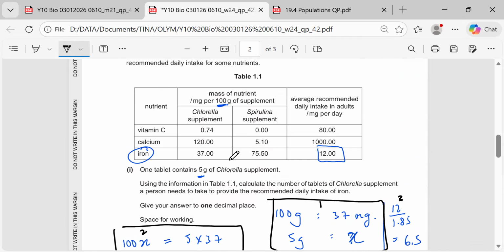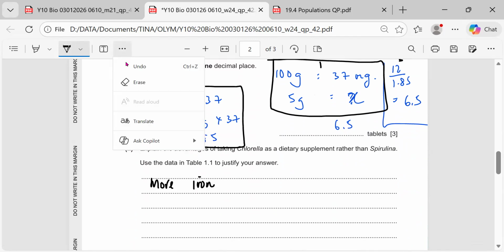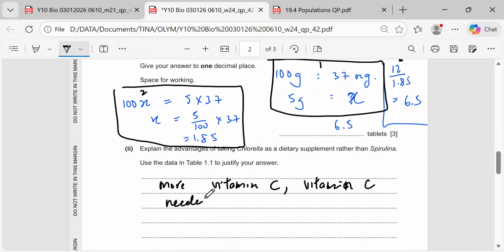It has more vitamin C but less iron. You don't talk about the iron. You talk about what it has more of. So there is more vitamin C, needed to prevent scurvy. You cannot just say more vitamin C, you have to say why.